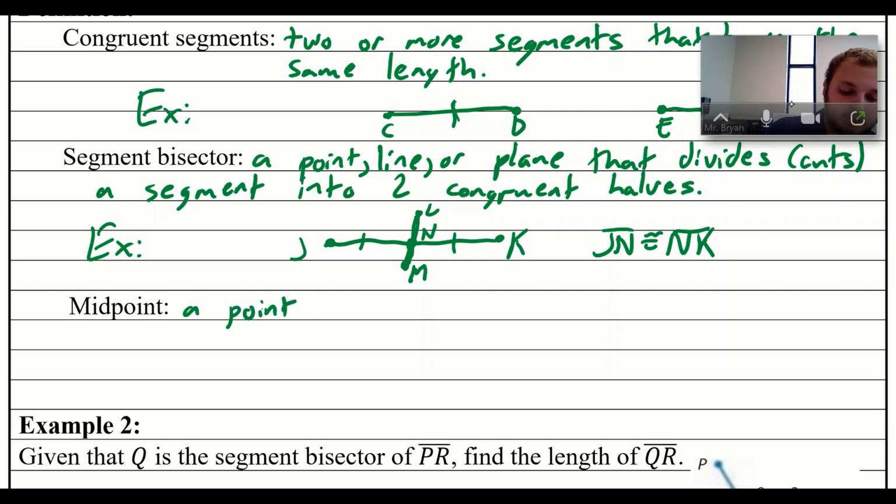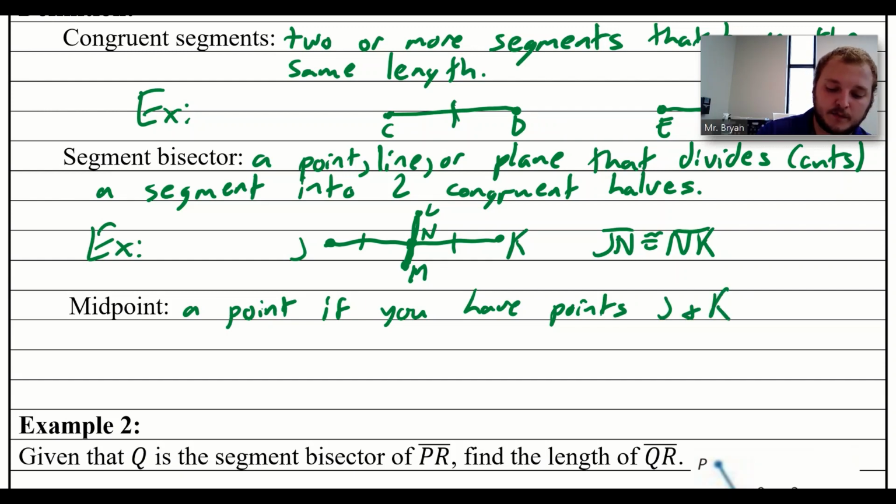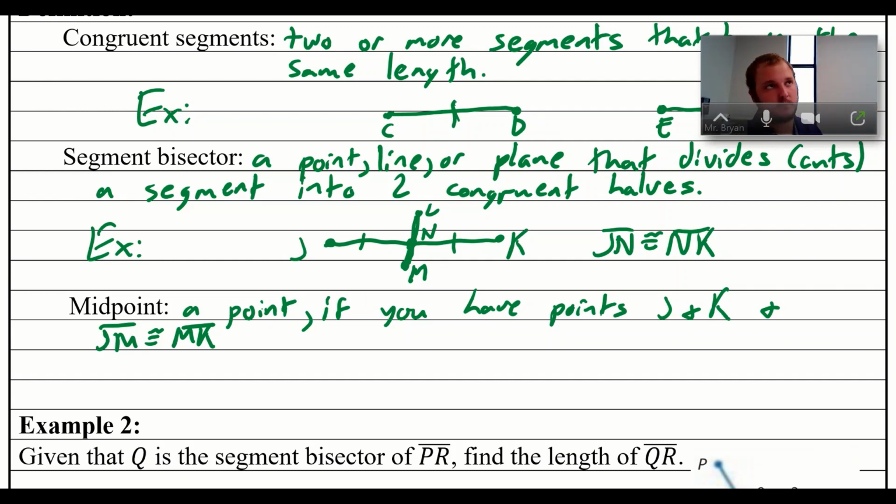If you have points, we'll say the same ones as last time, J and K, and JM is congruent to MK, and we'll draw a diagram with this.